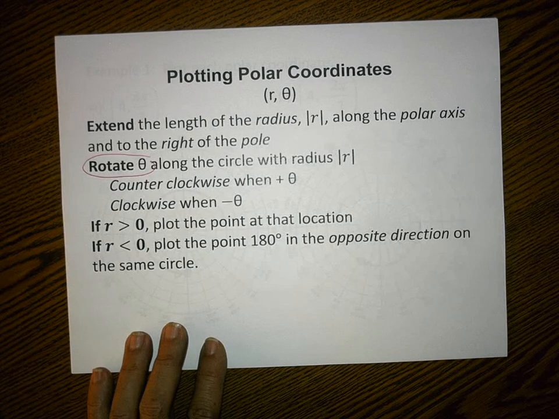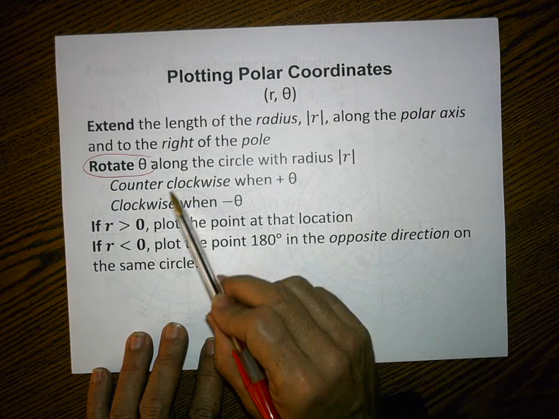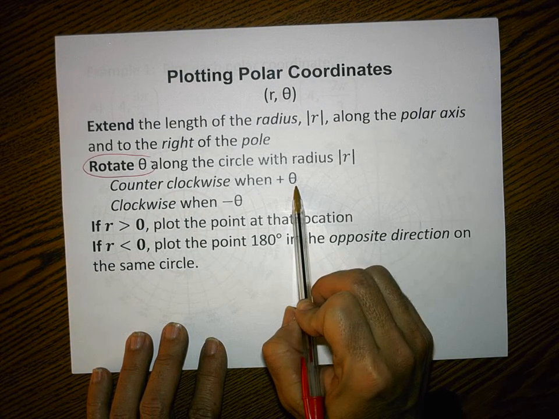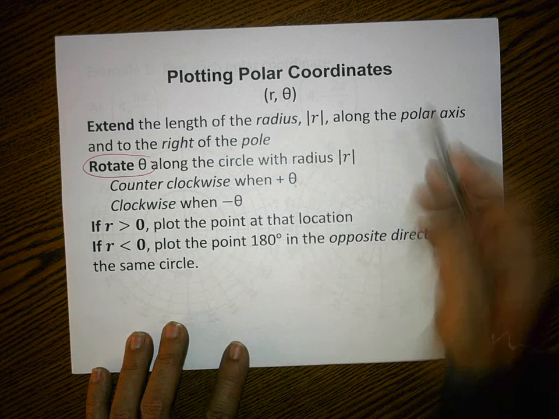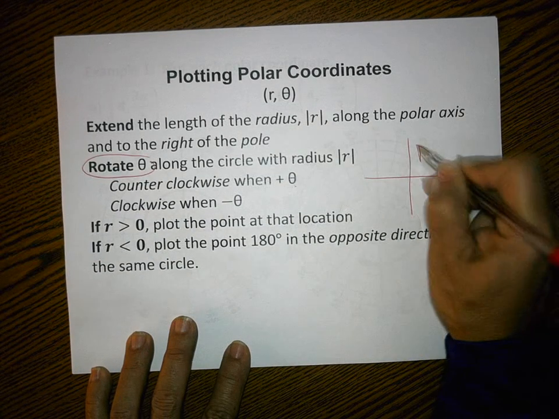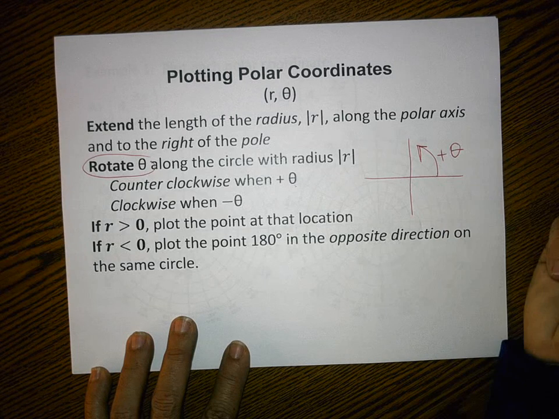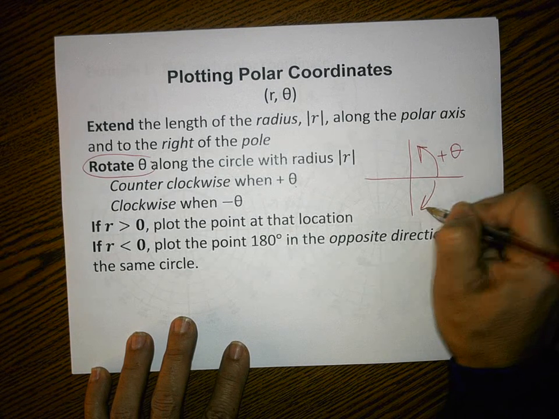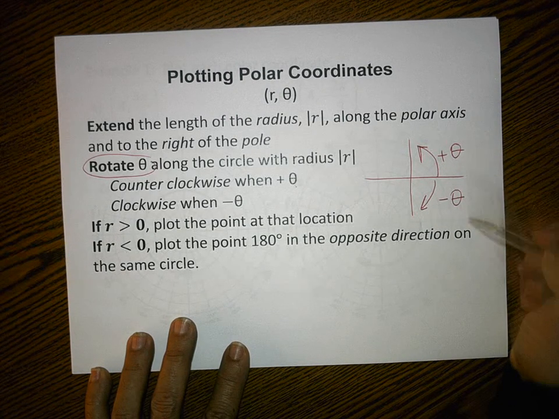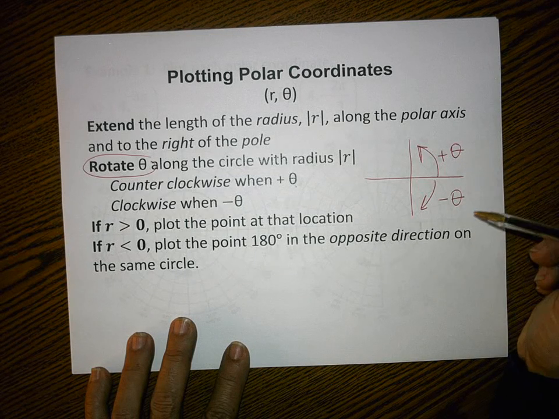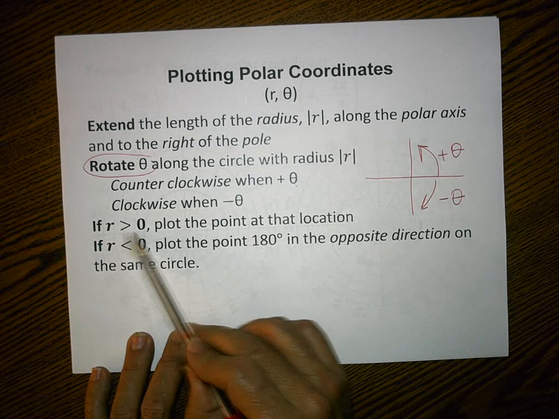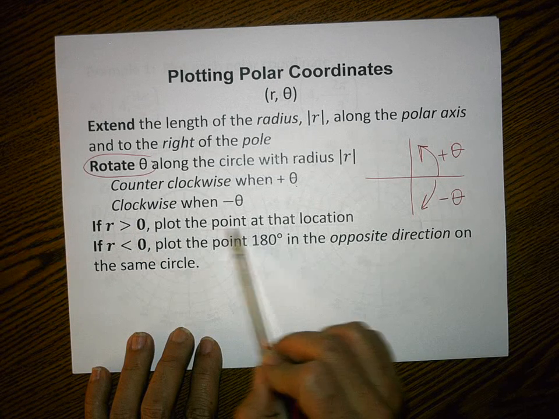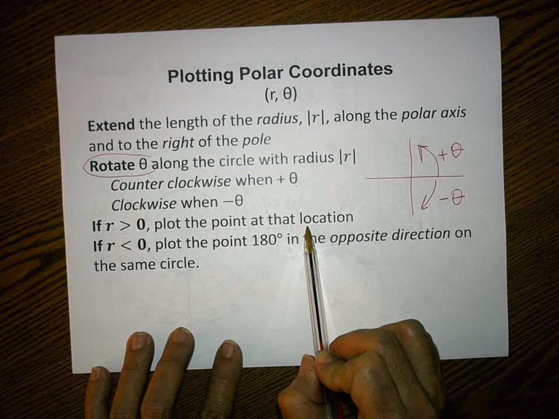Okay, and this is just a review. We go counterclockwise for positive theta. We go clockwise for negative theta. But by now, in advanced math, you should know that, okay? And it's talking about how the radius can be positive. We plot the point at the location of the angle.